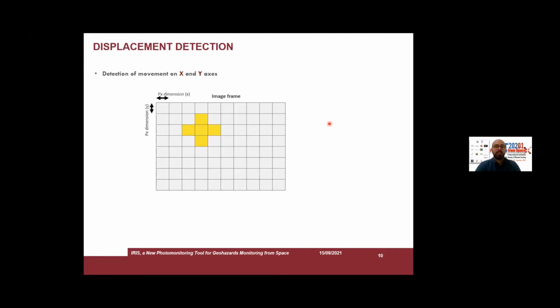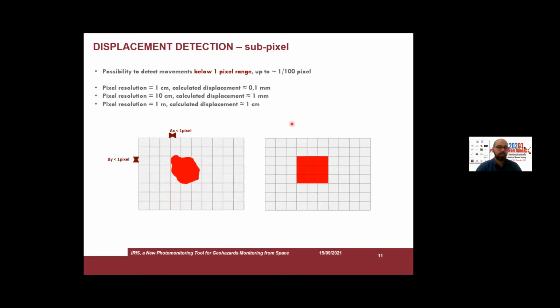About displacement detection, it is based on the detection of movement along the horizontal and vertical axes. Based on the movement on the two axes, we can also reconstruct the oblique movement, so not only in horizontal and vertical direction.